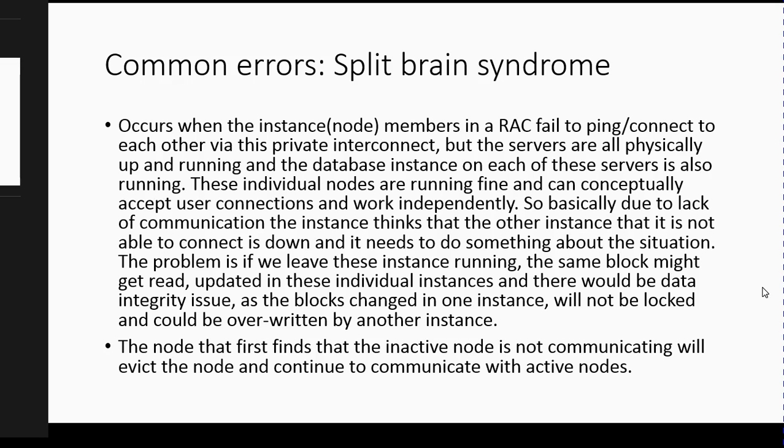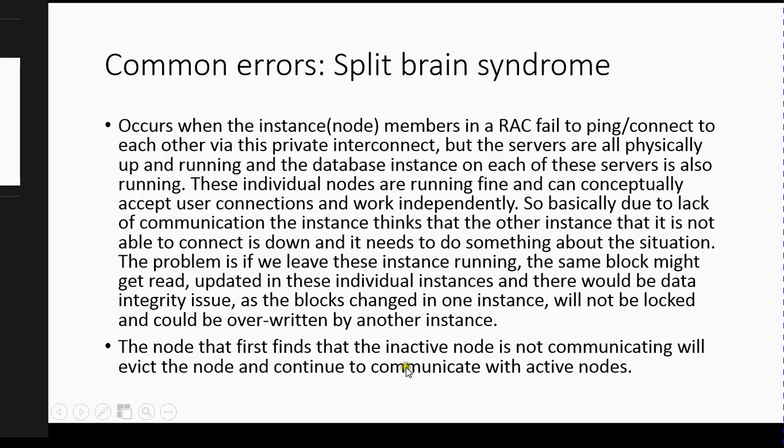So one of two things is going to happen: either they evict that node, or the node evicts itself. But they will not allow that one node to just sit there and not do anything. That's the way Oracle configured it. If you have a 3-node environment, the three nodes are expected to communicate.